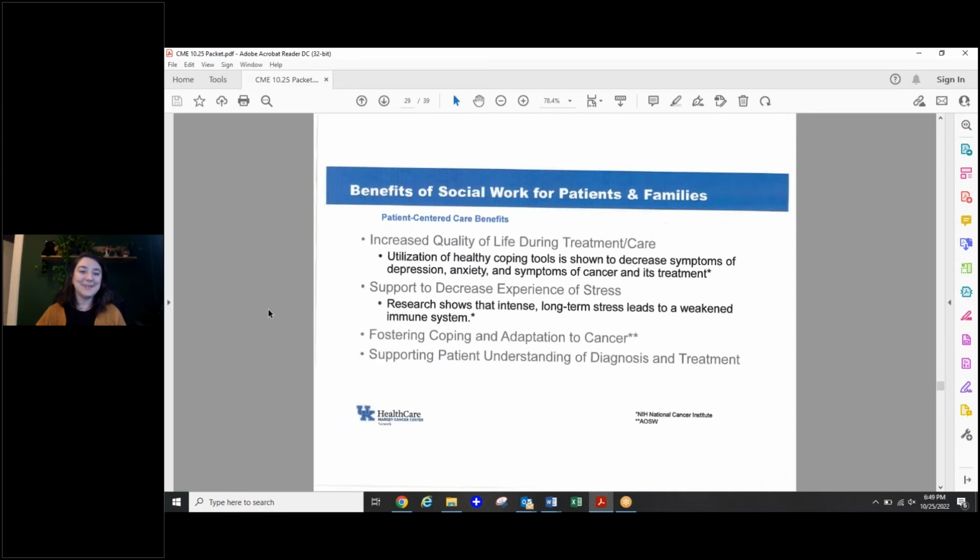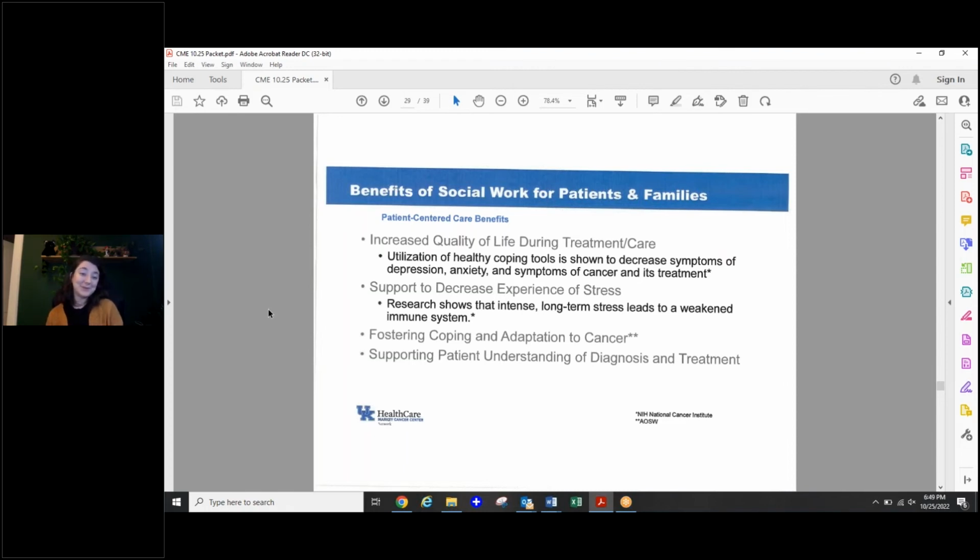So now just moving into the last section, benefits of the social work team. Some of the research supported benefits of having a social worker as part of the team include increased quality of life for our patients during their treatment and care. And utilization of healthy coping tools is shown to decrease symptoms of things like depression, anxiety, and symptoms of cancer and its treatment throughout the treatment process.